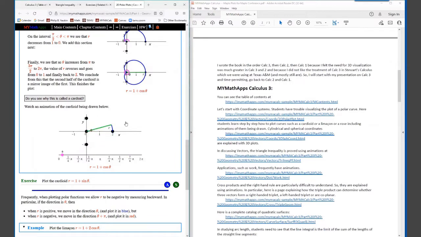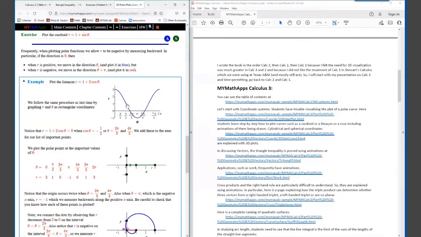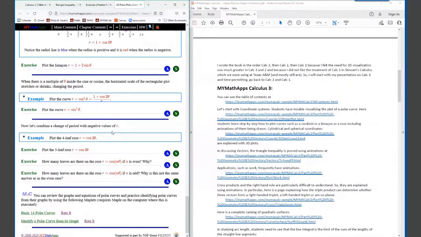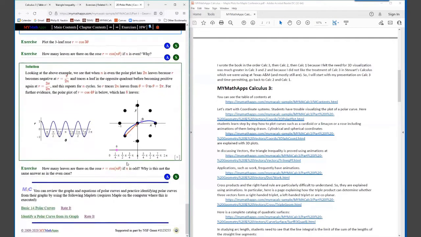It was exported from Maple as an animated GIF, and then converted into an MP4 so that you could stop it and drag it. It can be used as a lecture demonstration in class. Not only do we have cardioid, we've got limaçon, we've got roses, and we've got bigger roses.